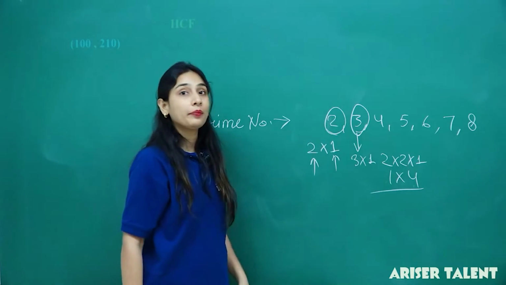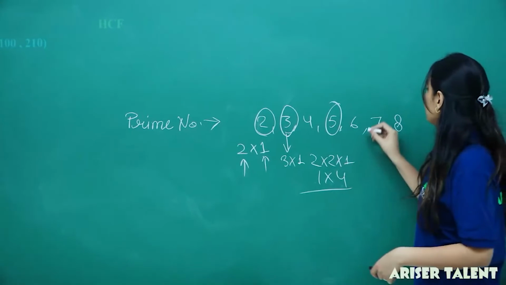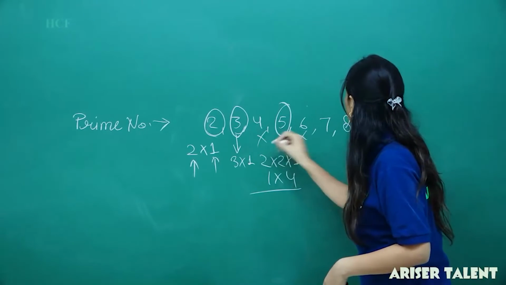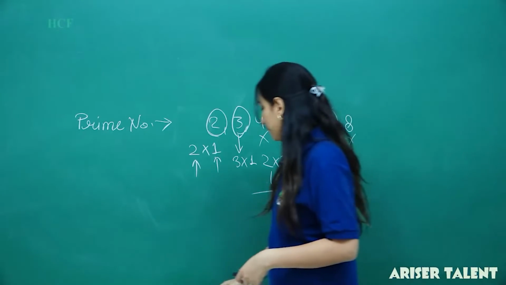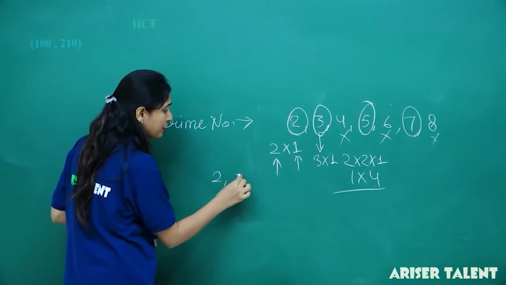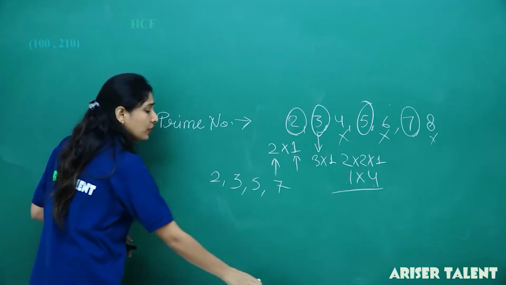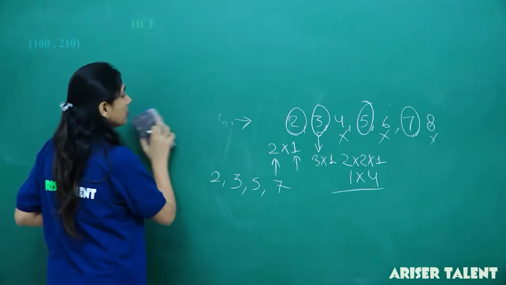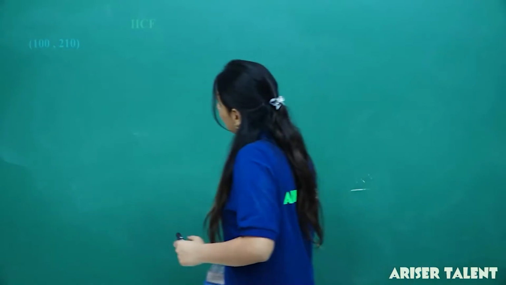So it is not prime. Similarly, this is a prime number, this is not, this is a prime number, and this is not. So the primes are 2, 3, 5, 7 and so on. You can find them easily.